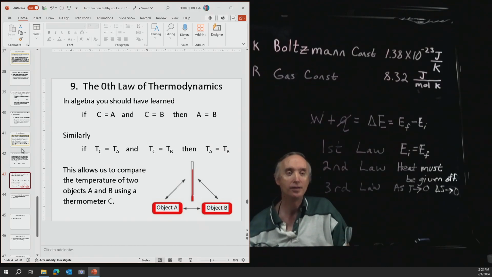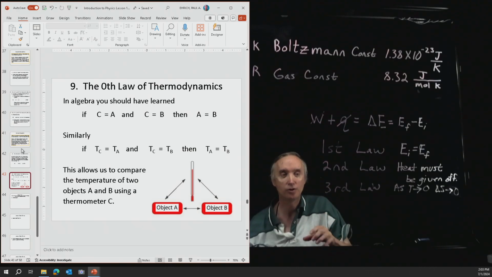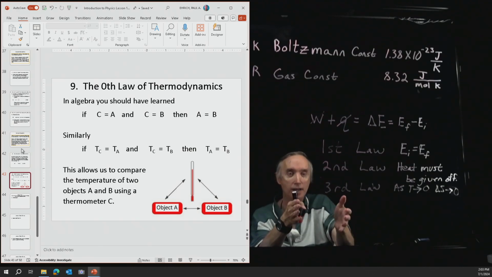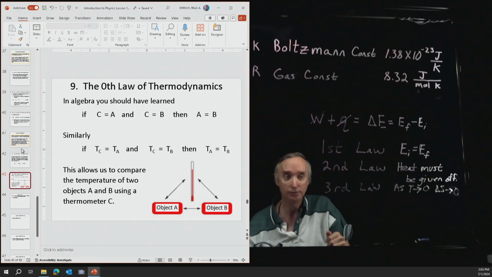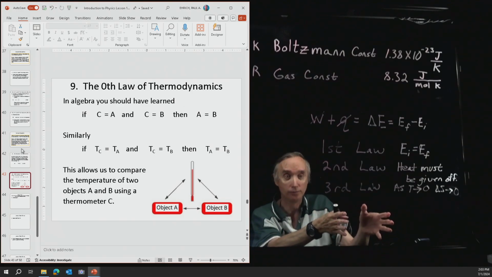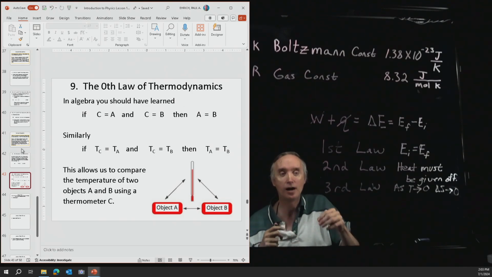Now we could apply that concept to thermal systems, in which we're going to have 3 thermal systems. So you're going to have object A, could be a block of metal, and then you're going to have object B, which is another block of metal, and then you're going to have object C, which is going to be a thermometer.